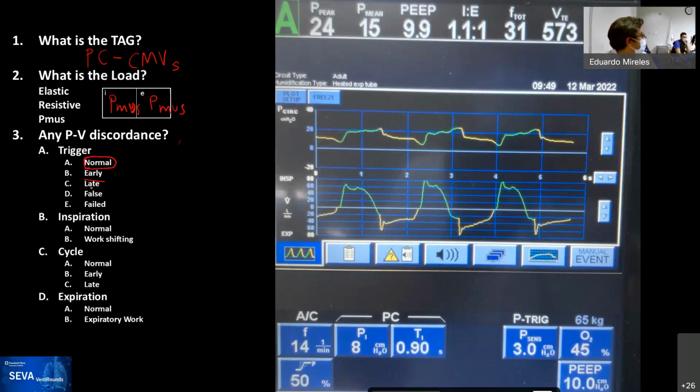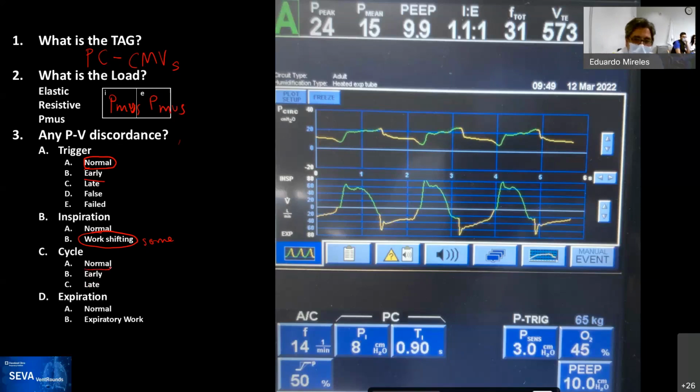All right. Inspiration, I definitely see some work shifting. It's not crossing the baseline, so I won't call it severe. Okay. Cycle-wise, it's supposed to be the time cycle. Cycling for the most part.